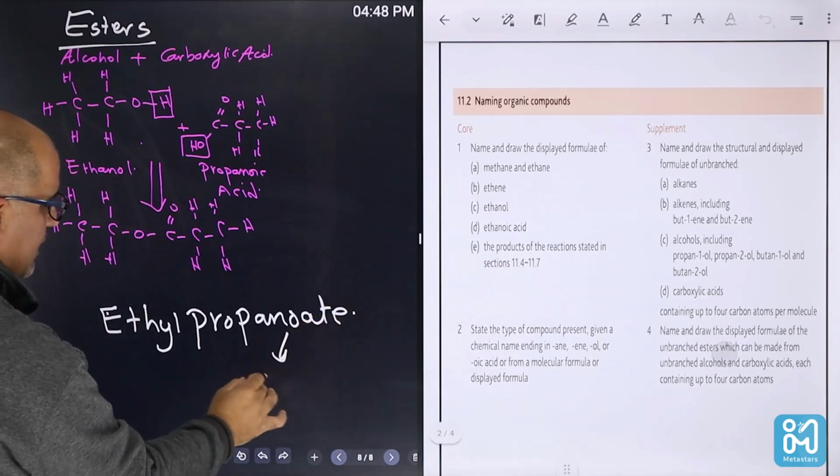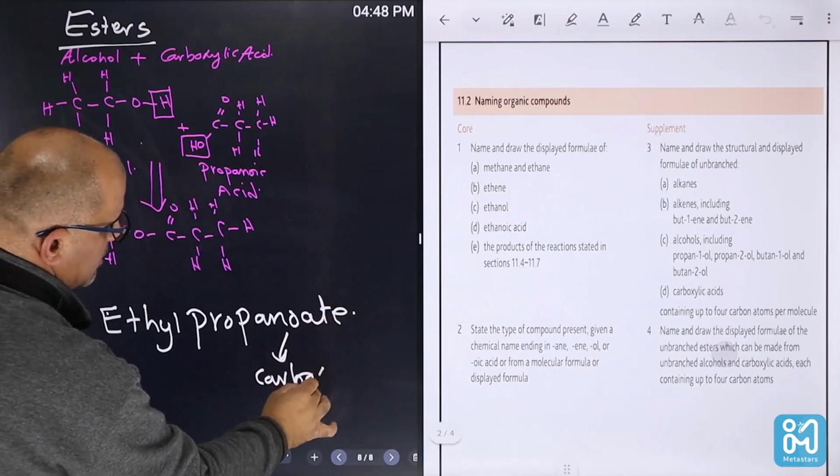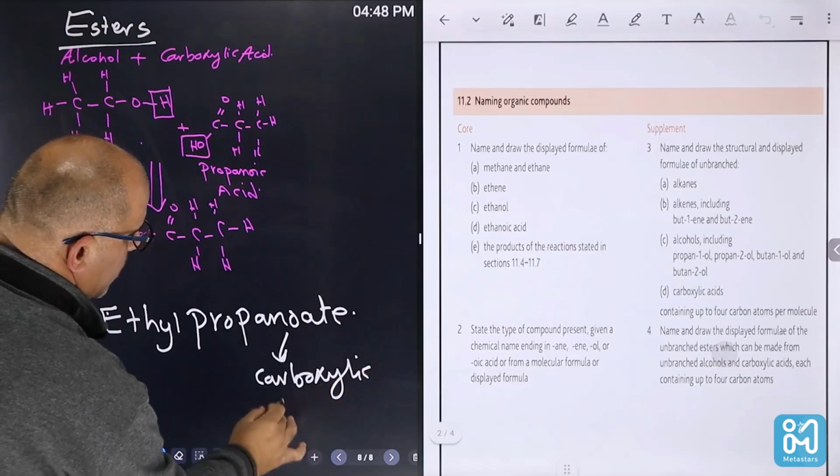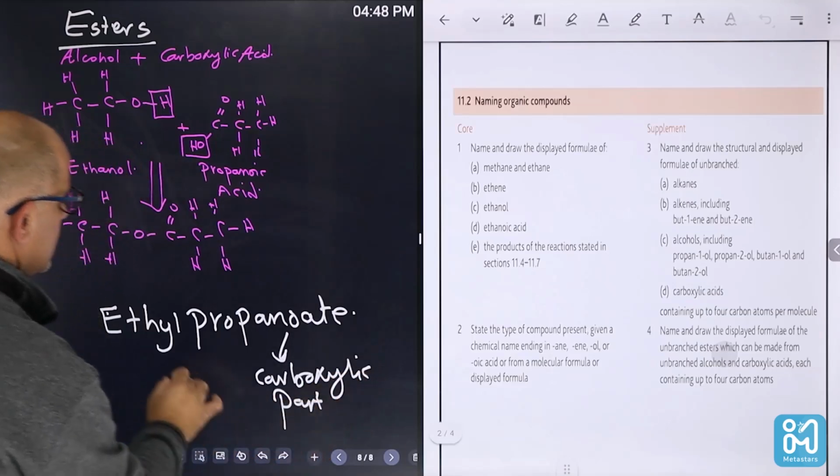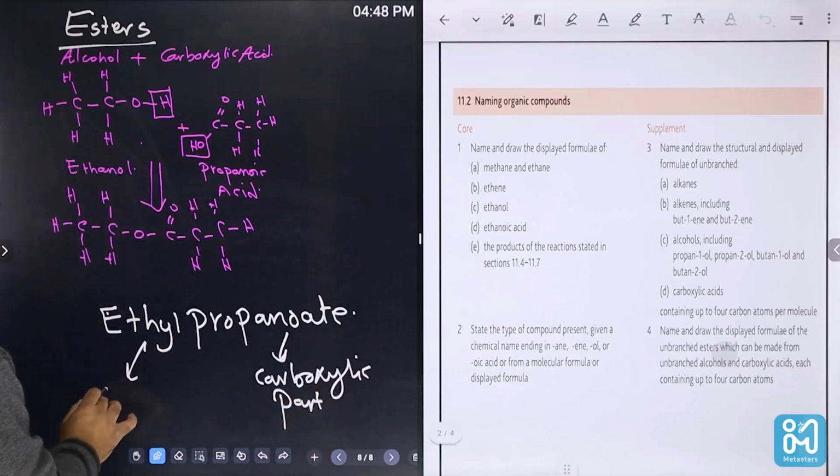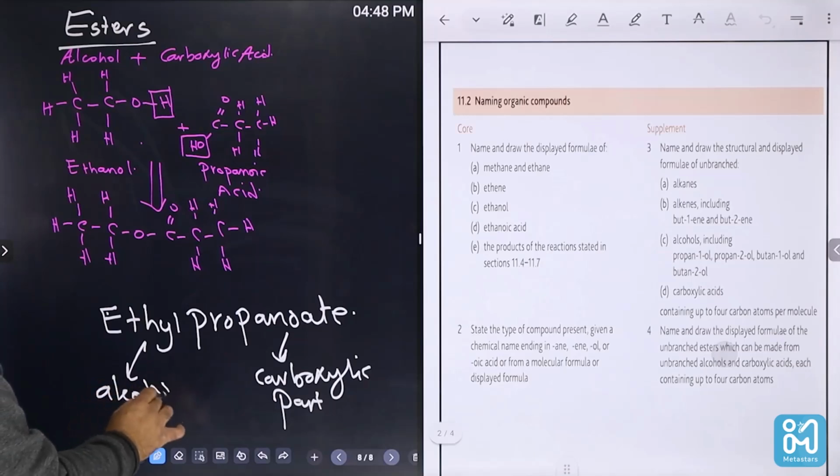You will see that's the carboxylic part, and this is the alcoholic part.